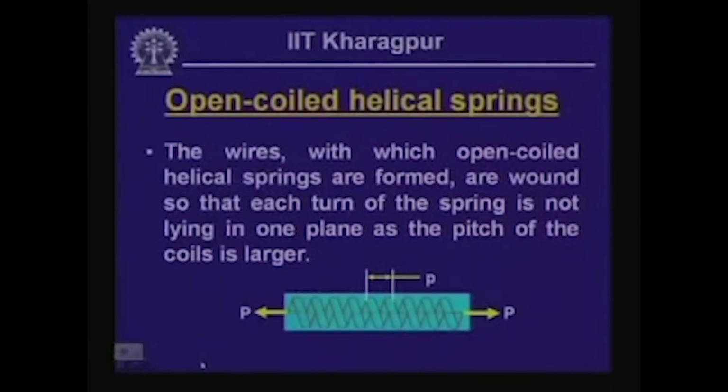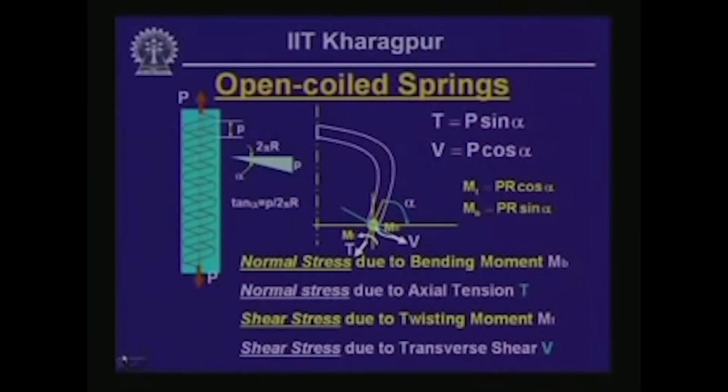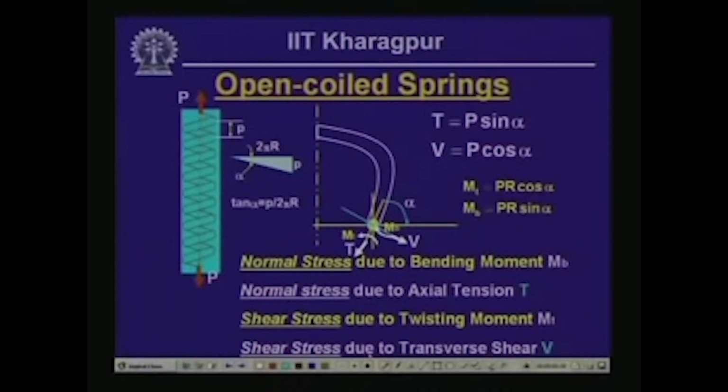So, let us look into what are the forces that the open coil helical springs are subjected to. Now, as we had seen in case of closed coil springs, a spring is subjected to load P, maybe the top is held against some supports.